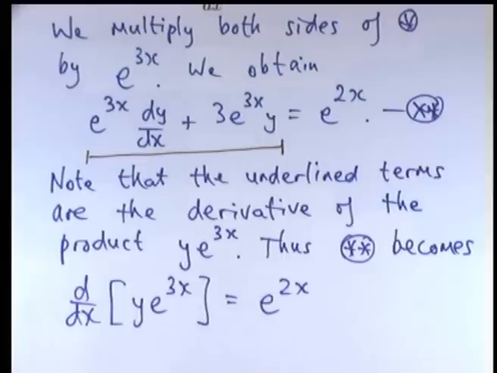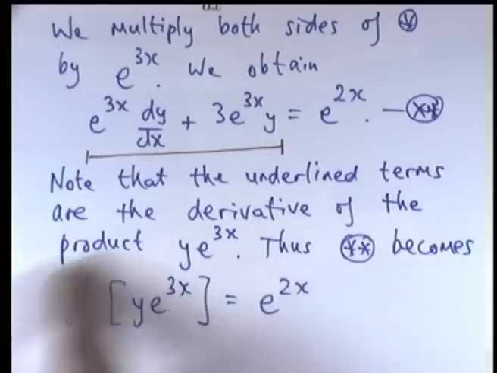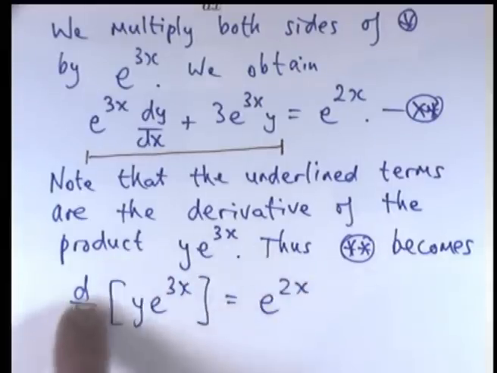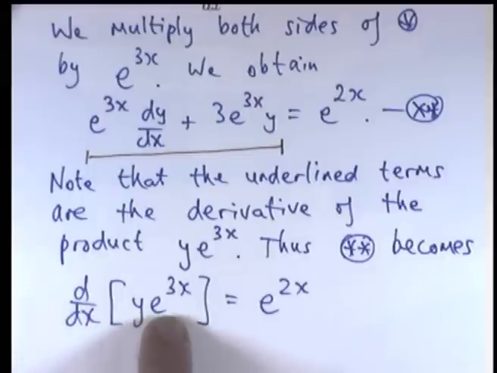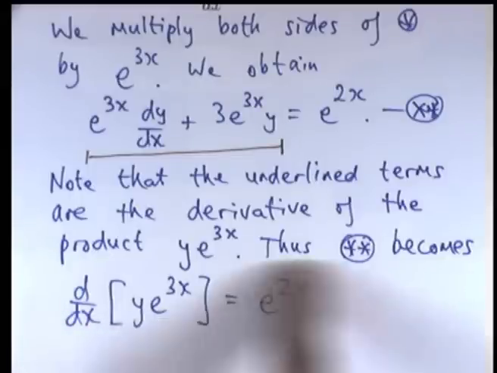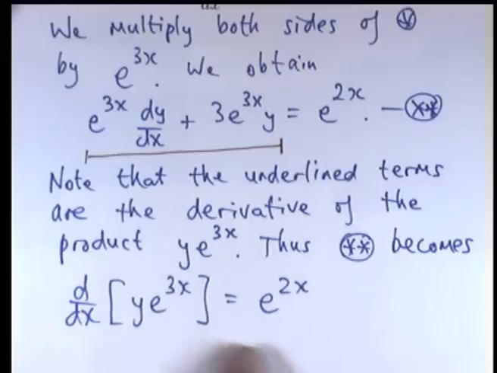Okay, now this is also a very important step. See that we have reduced the analysis down to the derivative of something involving y and x and some function of only x over here. That's important because we can now integrate both sides and get that y out of that derivative in brackets.